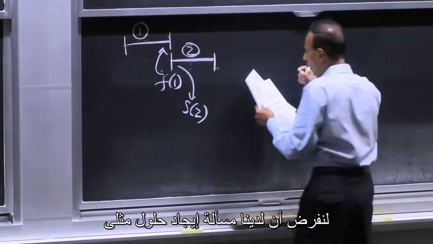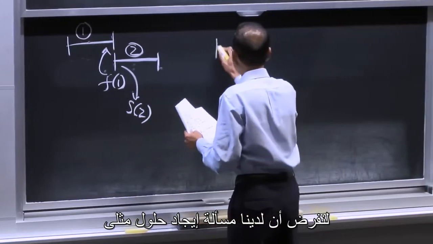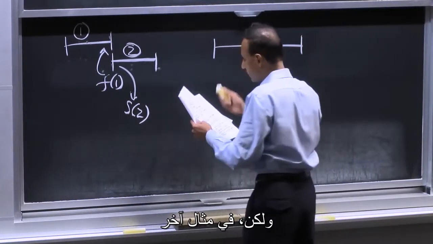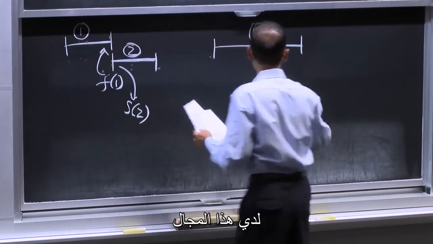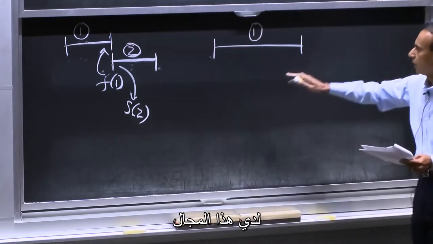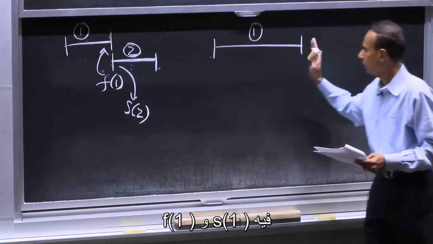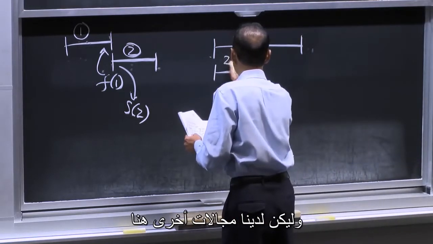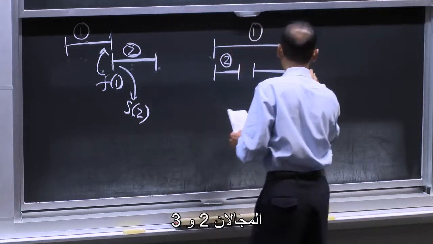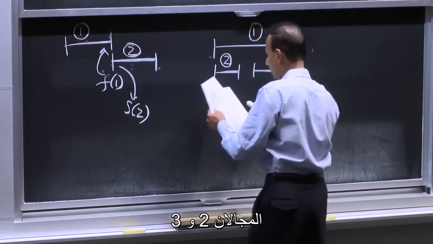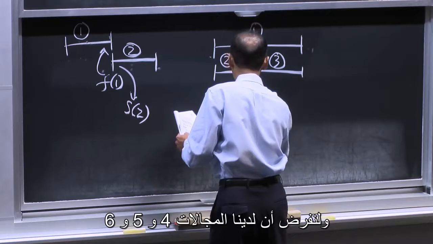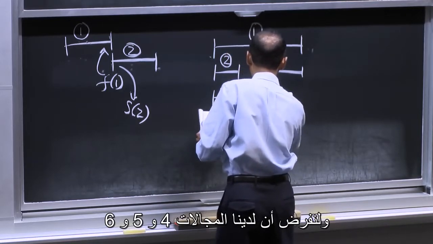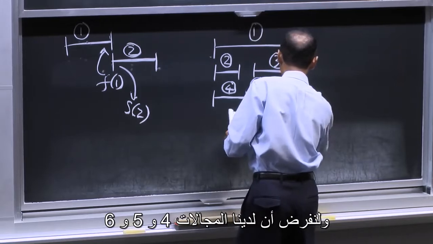So you can imagine now an optimization problem that is associated with interval scheduling, where in a different example, I have this interval corresponding to S1 and F1. I might have a different interval here corresponding to 2, then corresponding to 3, and then maybe I got 4 here, 5, and 6.